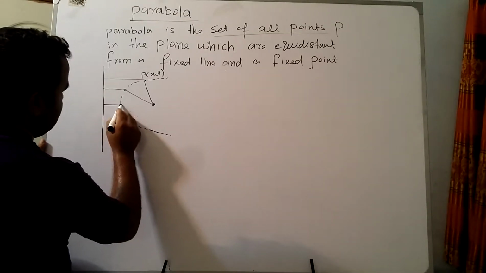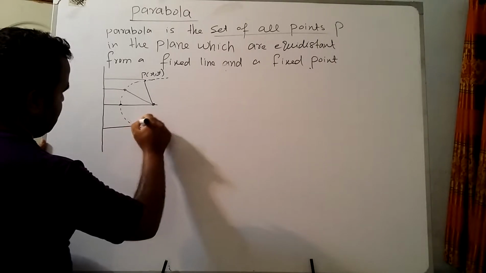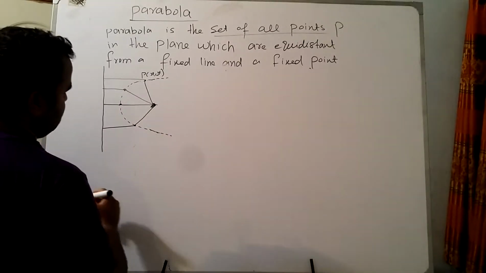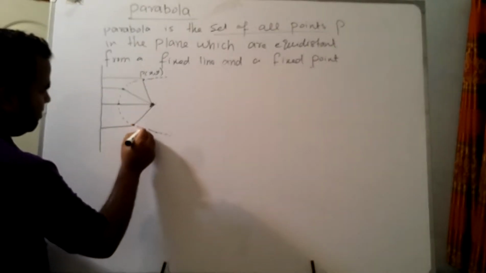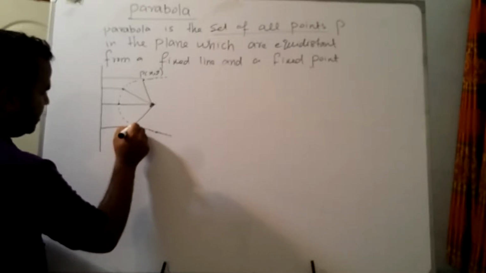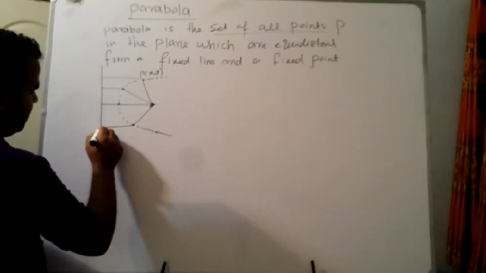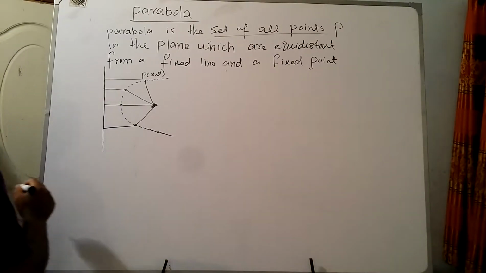This distance and this distance will be the same. Equidistant means the set of all points which are equidistant. Suppose this is a point, this point is equidistant from this line and this point, which is a fixed point.